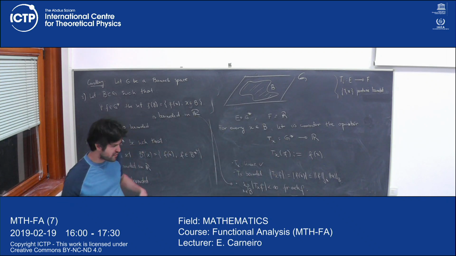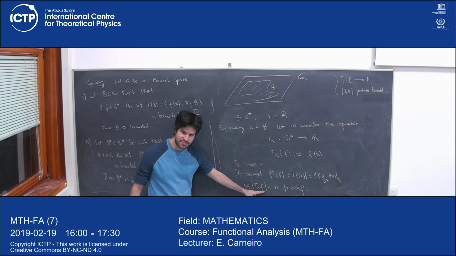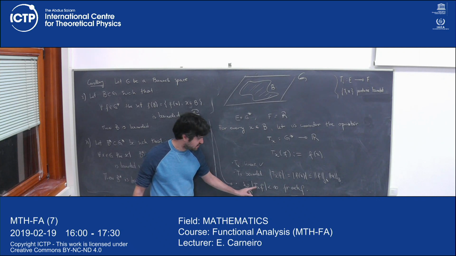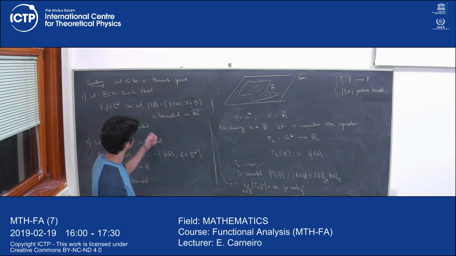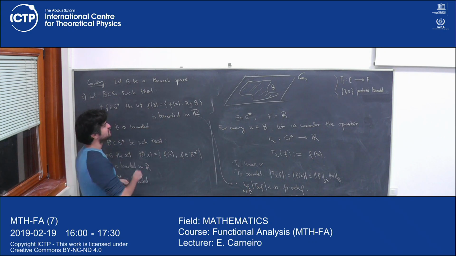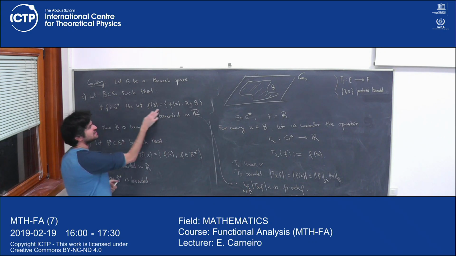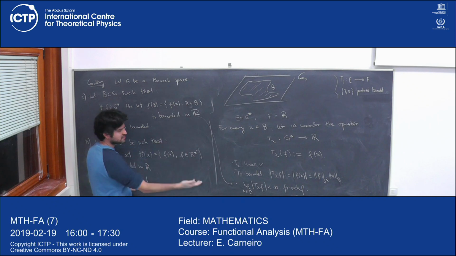Do you guys agree? If I fix a point f and take the supremum where x runs over the set of indices, Tx(f) is bounded. So if I fix f, the set f(x) when x runs over B is bounded.